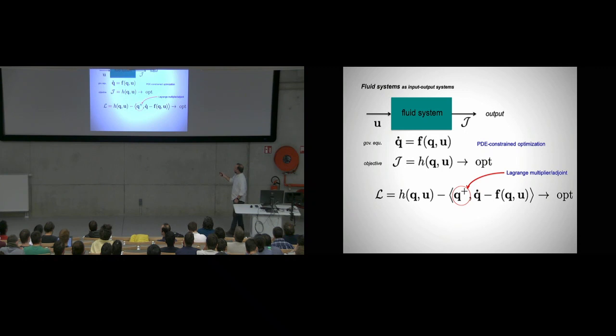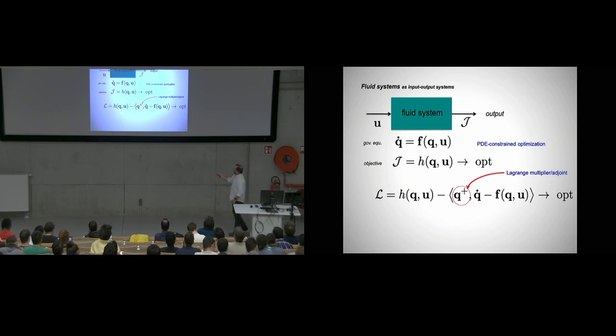So this is a standard trick to turn a constrained optimization into an unconstrained optimization, where the constraint is just added with a Lagrange multiplier, and this q-plus is my Lagrange multiplier. That's the one that makes sure the constraint is taken into account.